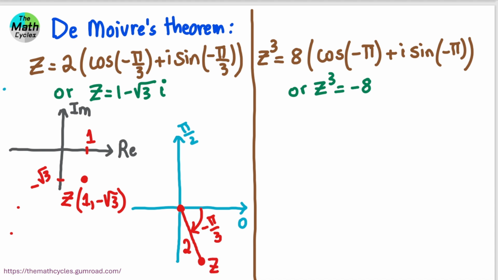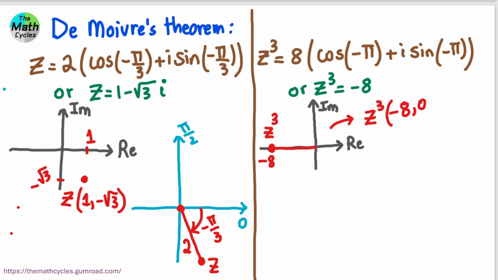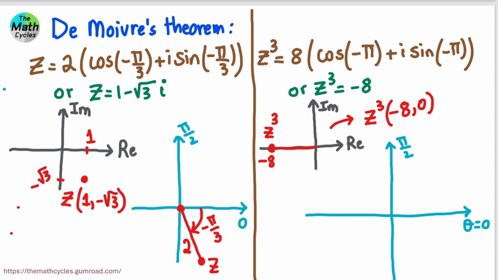On the other hand, if we sketch z cubed equals minus 8 on the Argand diagram, we will find the point z cubed at coordinates minus 8 and 0. And if we sketch it on the polar system, here we did 3 rotations of minus pi over 3.